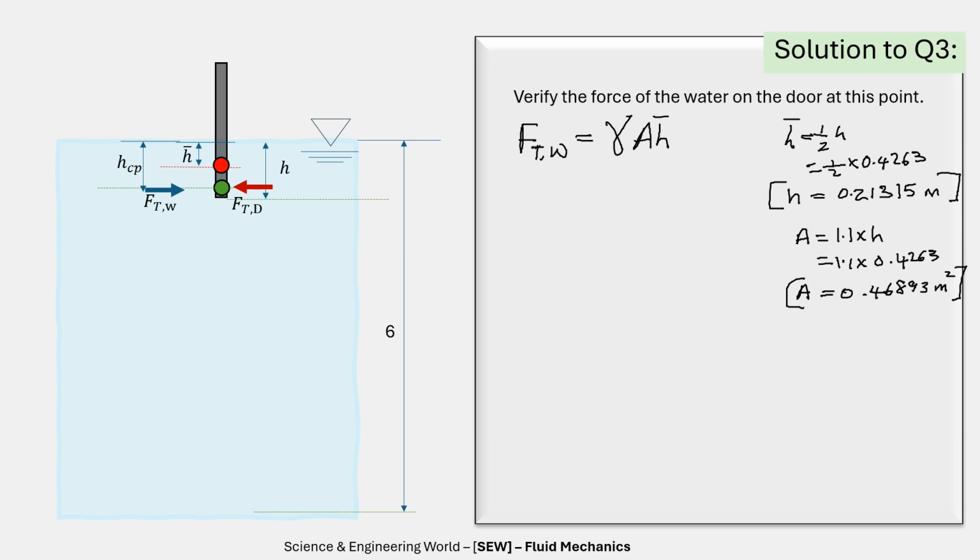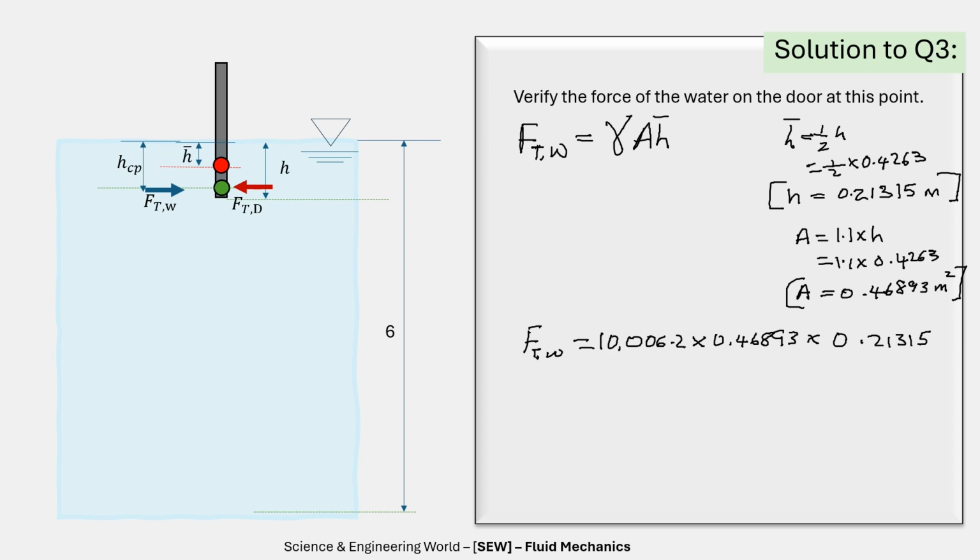So now F_T water will be equal to gamma, which we know as 10,006.2, times the area 0.46893, times H bar 0.21315.